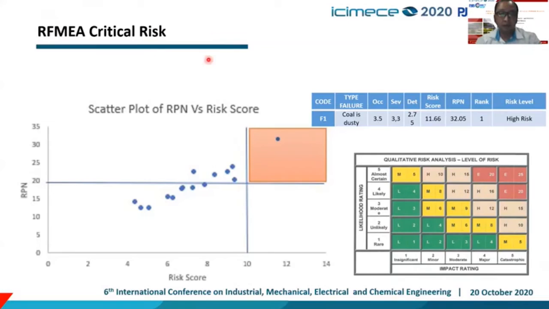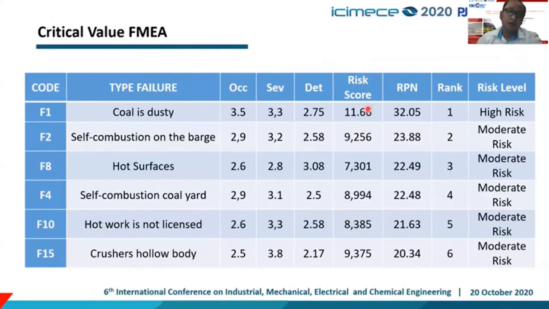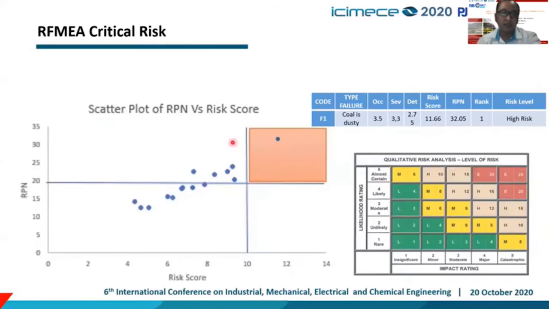From the FMEA risk of failure, with all the values we make a scatter plot of RPN and risk score. We can find this from the risk score and RPN. We make a scatter plot, and the RPN will be cut with the level of risk.